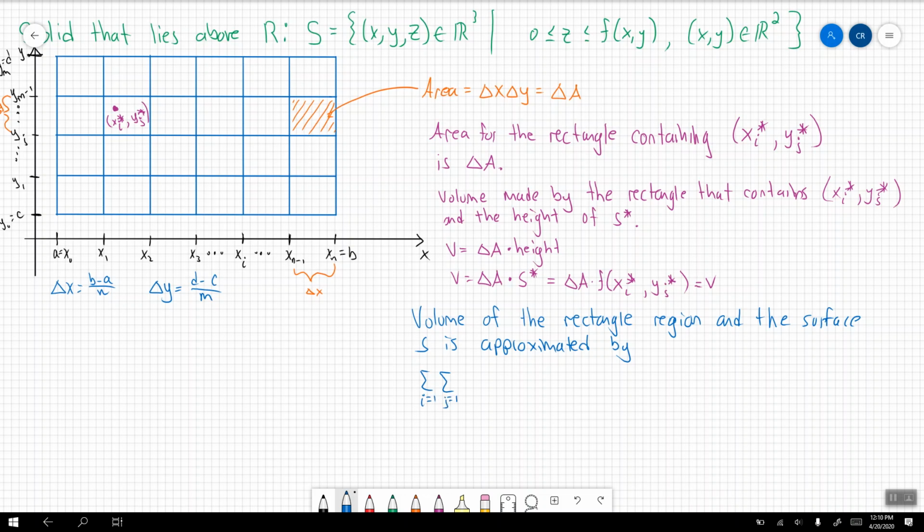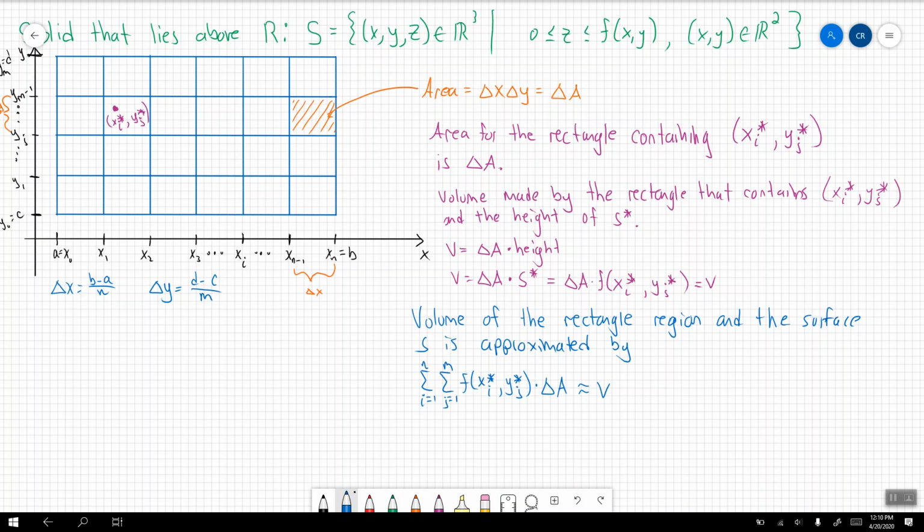J's, again, we subdivided those to stop at m, and the i's we subdivided to stop at n. And we want to make sure that we add up all of these individual function outputs. That way we can get each individual height for these functions. And we want to multiply them by the individual areas, which they'll all be delta A. And again, this gives us a good approximation for the volume.